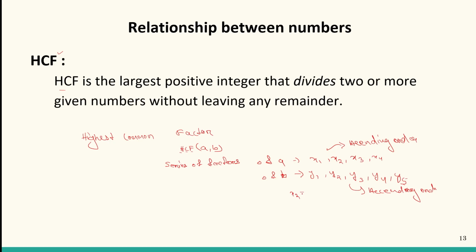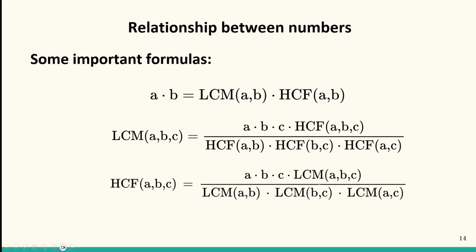And let's say x2 is equal to y3, and x1 is equal to y1. Let's say for example, then the HCF of A and B is x2 or y3, because both are the same. Let's see this thing in an example.